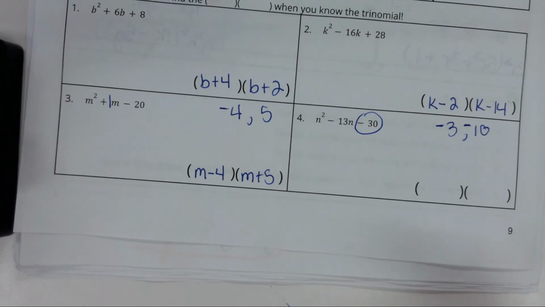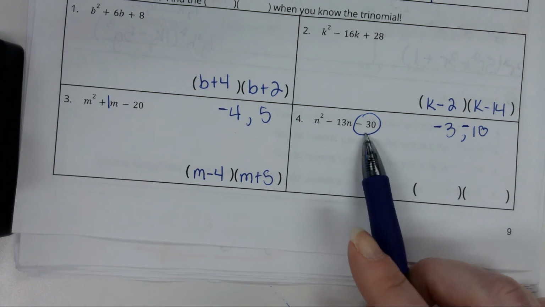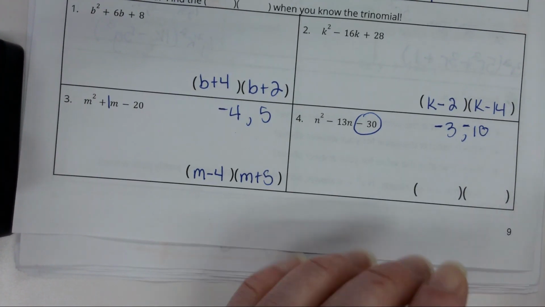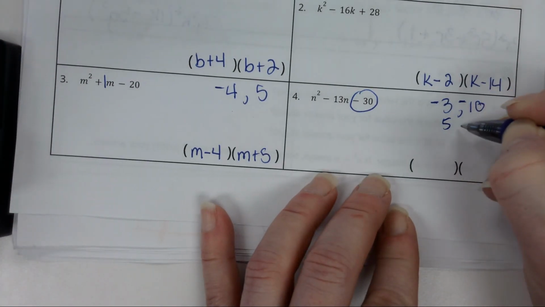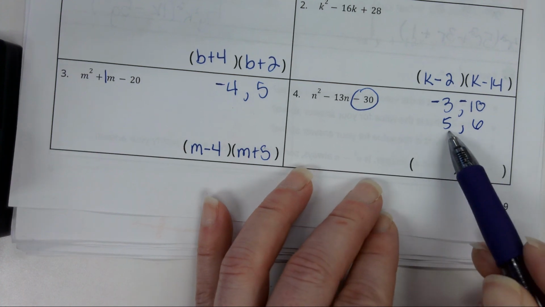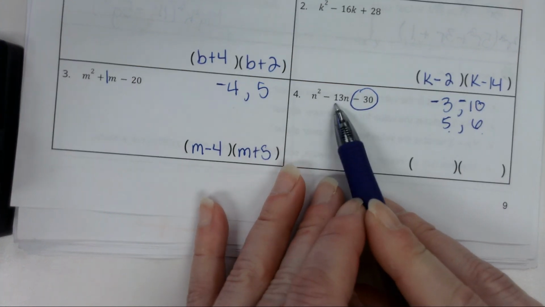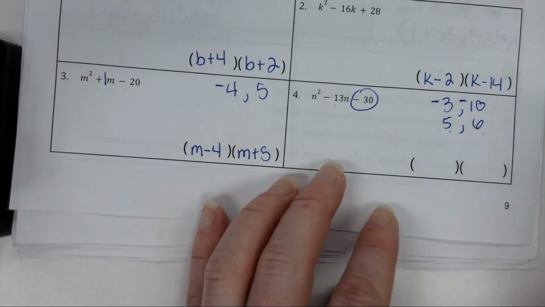And that wouldn't work because they multiply to be a positive. Something else on the list. Oh, 5 and 6. Okay, let's try 5 and 6. Well, can I get 5 and 6 to be 13? Nope.